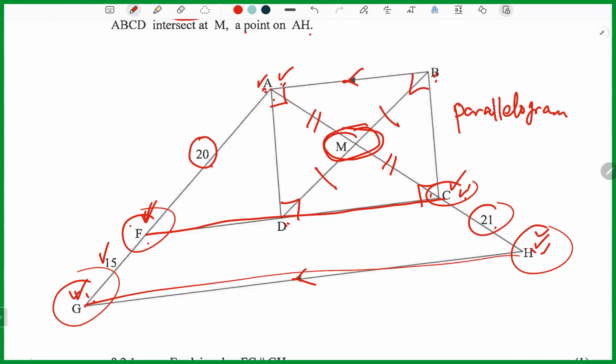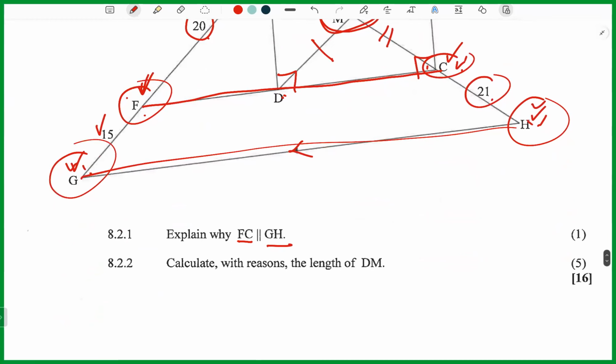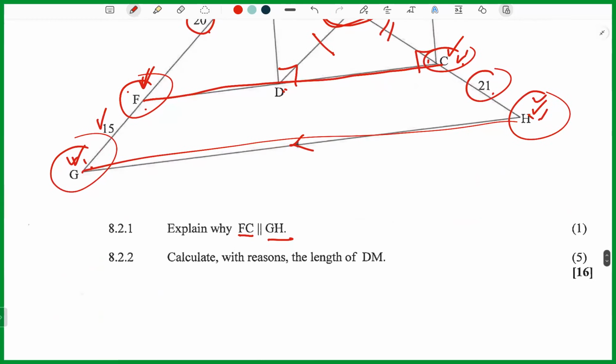Yes, I'm happy that you're bringing that point up there. So it's because of the fact that, if you look at 8.2.1, obviously you're on point.